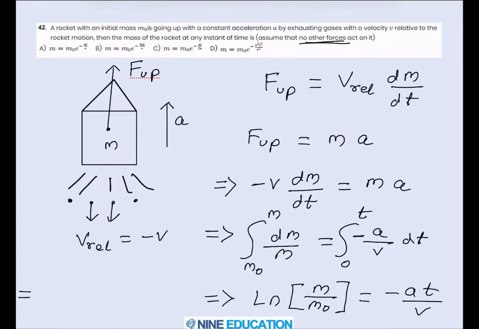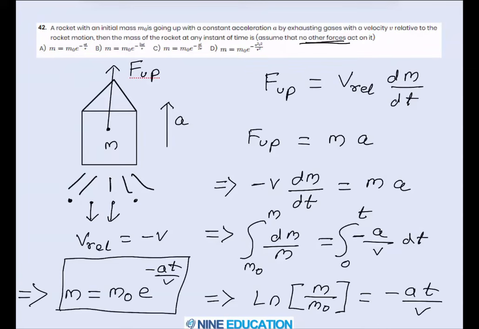And if you know the formula of logarithm, then from here you can directly write that m will be equal to m naught into e to the power minus at by v, with the help of the property of logarithms, right? And the suitable answer for this is option A.